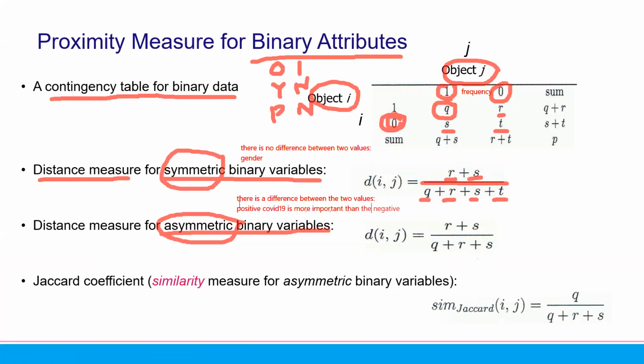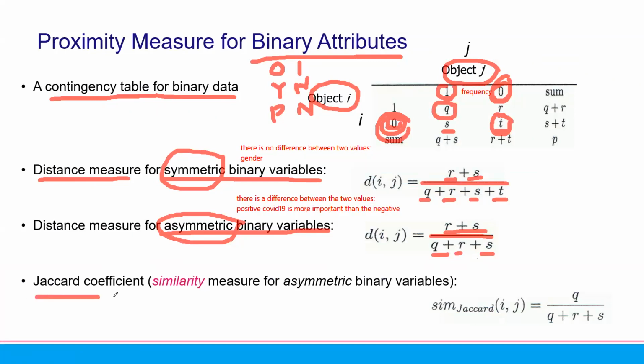So we will not consider the negative, which means the 0, or the T. We will just have the formula R plus S divided by Q plus R plus S.